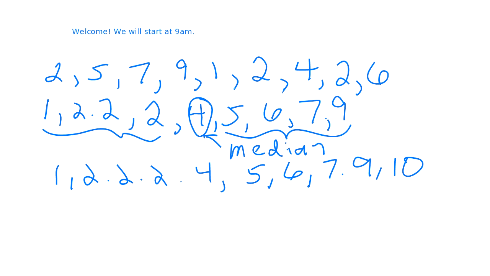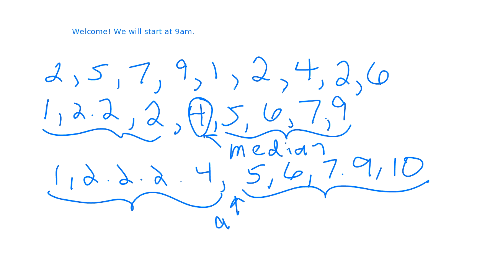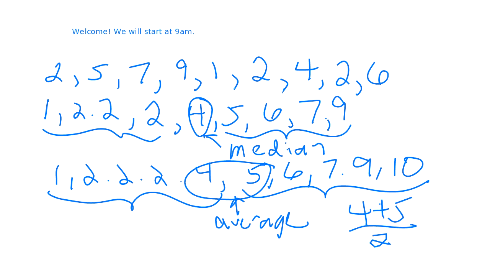Then you count 5 numbers and 5 numbers, and you take the average or the mean of the 2 middle numbers. It's really hard to write on this. So you do 4 plus 5 divided by 2. So that would be how you find the median.